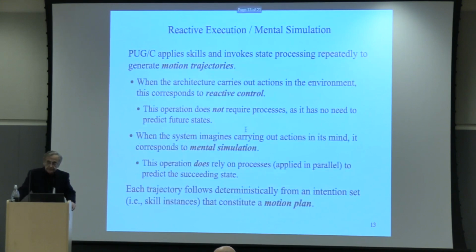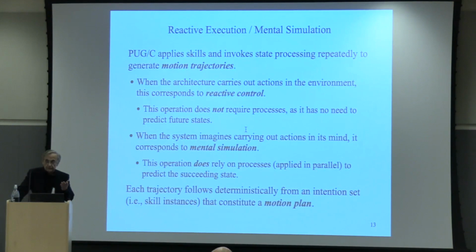So the third layer is what I call reactive execution and mental simulation. On each of those cycles, Pug applies the skills it has, the active intentions, and it invokes the state processing repeatedly to calculate values of control variables. It does this repeatedly, and that generates a motion trajectory. If the agent is carrying out actions in the environment, that's just reactive control.